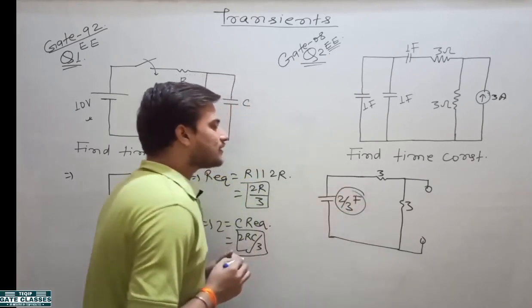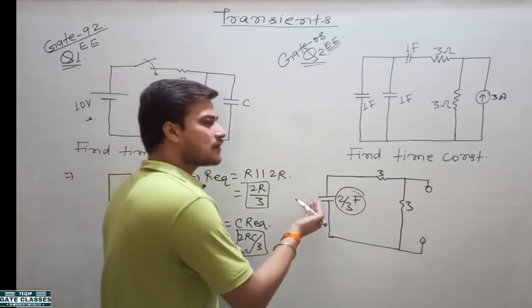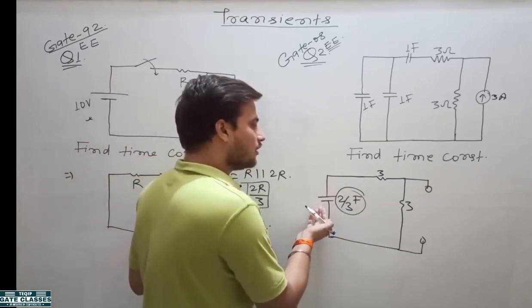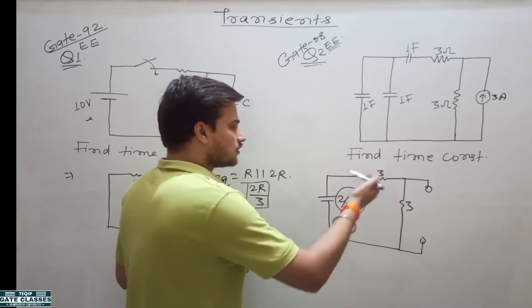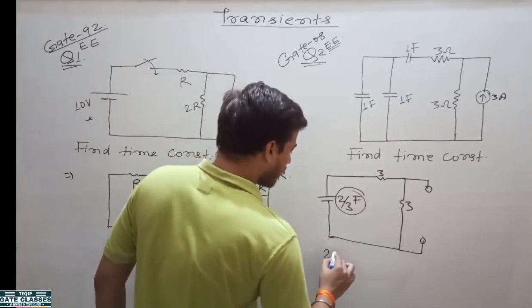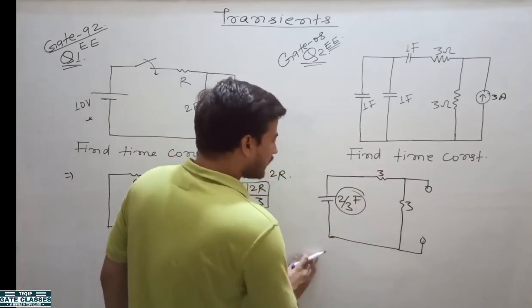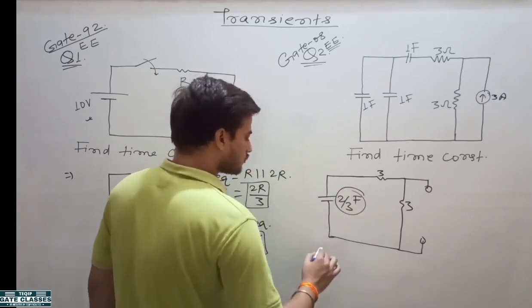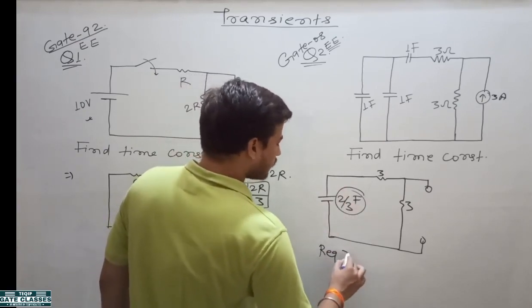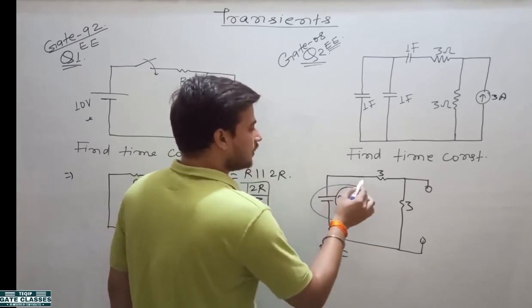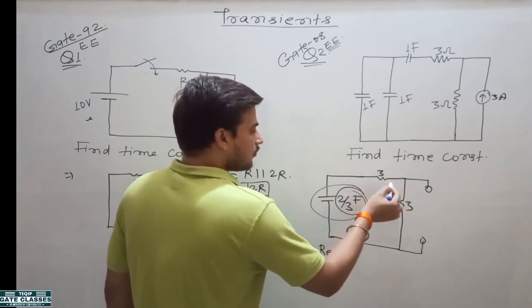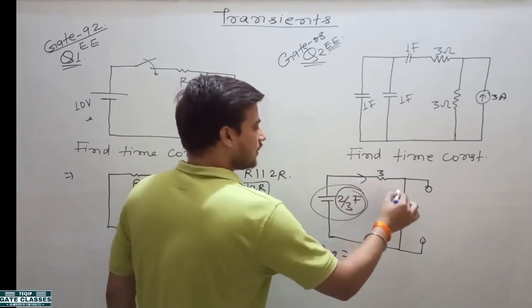If it is 2 by 3 farad, so now this capacitor will be treated as a voltage source and we will find R equivalent. So here the value of R equivalent for this voltage source will be how much? Here you see that 3 ohm and 3 ohm are connected in series.